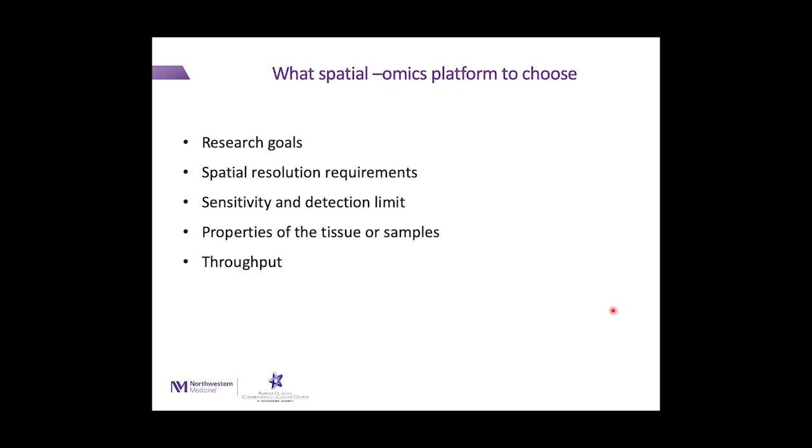Some tissue types are better suited for different platforms. And the last thing is throughput, how fast you want your data. Some of these platforms can process 4 slides at a time, but others can only do 1. And some involve sequencing times and all of that. So the turnaround time really becomes longer than on the other platforms.